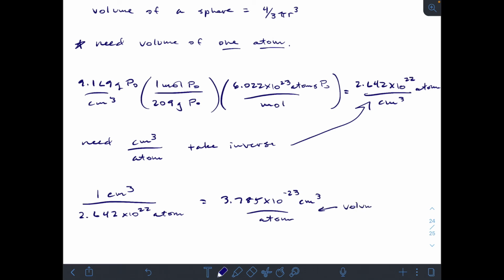Right, so this is my volume of one atom.